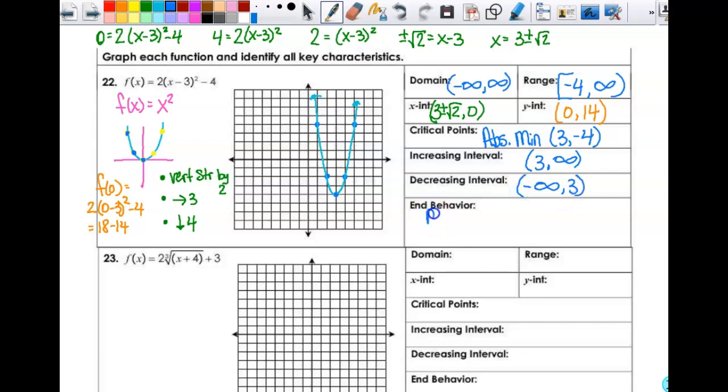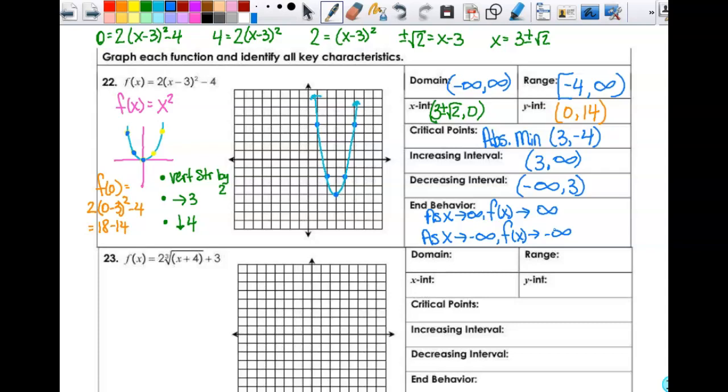In behavior, as x approaches infinity, f of x approaches infinity. As x approaches negative infinity, f of x approaches negative infinity. All right, so there's that one.